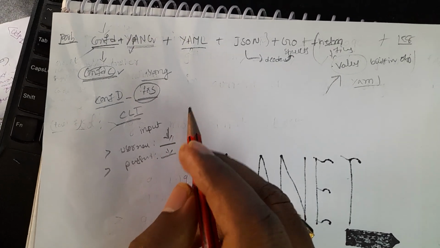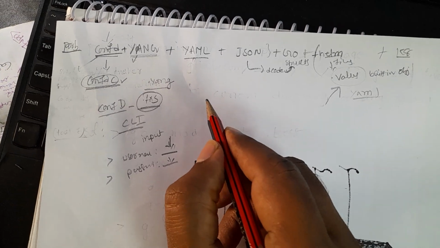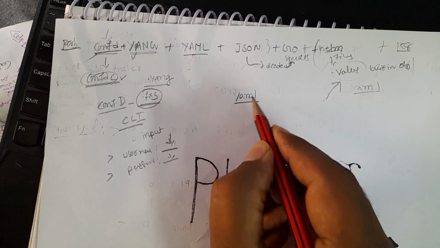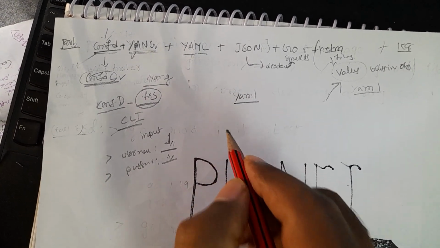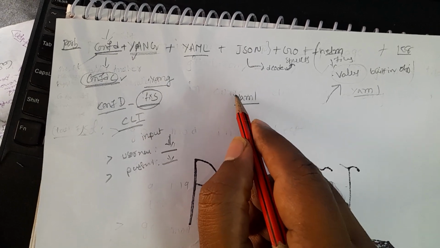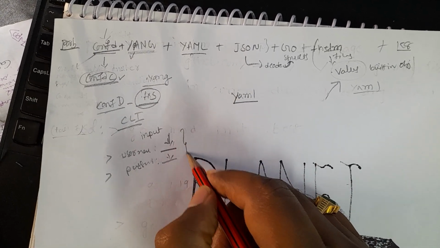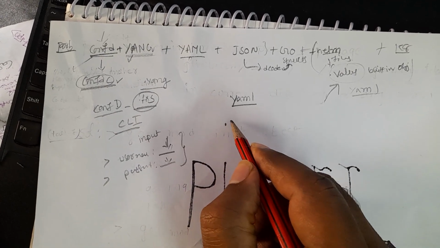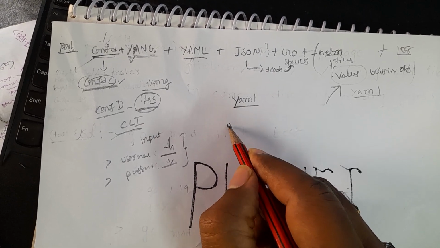Okay, now these CLI values will be converted into YAML files basically. Who will create these YAML files first? Whatever values we are giving here will be available, and these are render YAMLs.